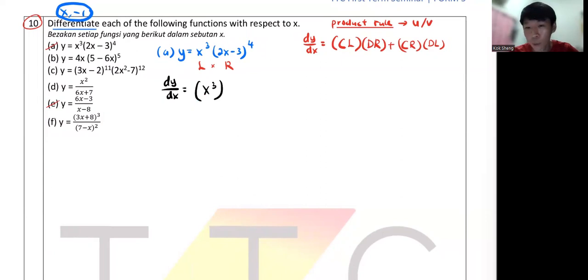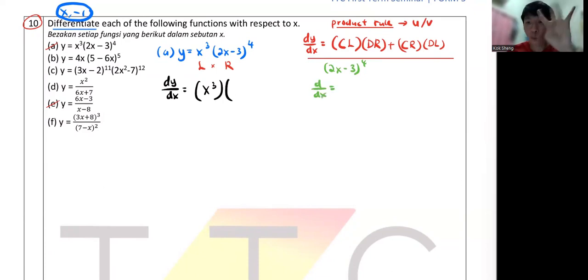Just copy only, nothing special. The second bracket will be differentiate right. The working I write beside here in case you forgot what we did for number 4. So the right side is (2x minus 3) to the power of 4. This one needs to be differentiated.